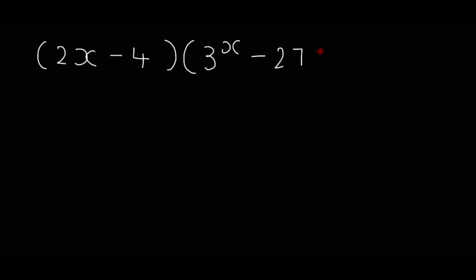What about 2x minus 4, and then let's say 3 to the exponent x, and then minus 27 equals to 0. And then even this one is a similar problem, even though this one is exponential. But for the reason this side is 0, even this side is 0. Remember the equal sign means things are equal.